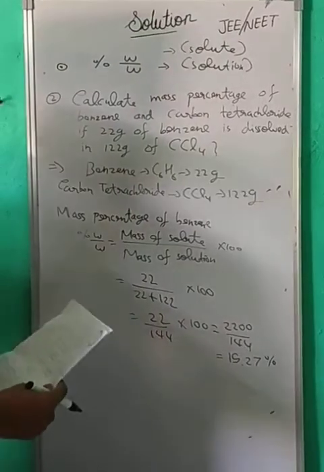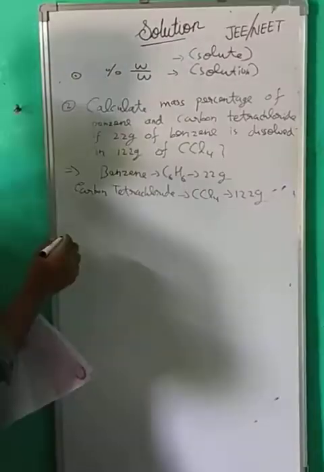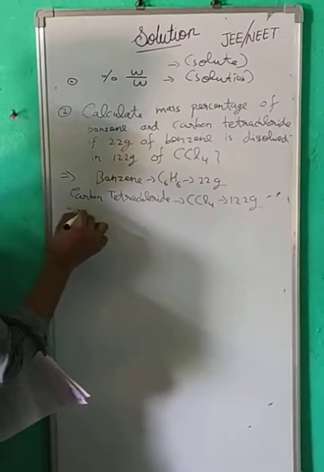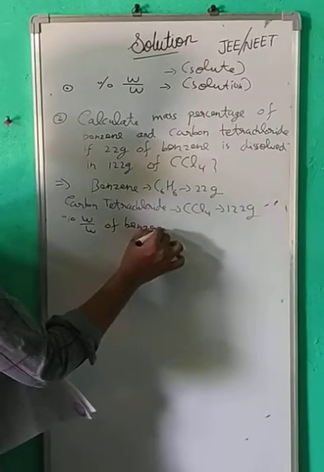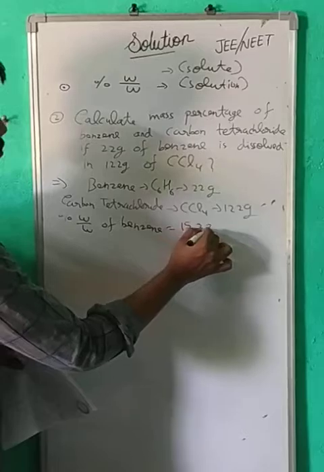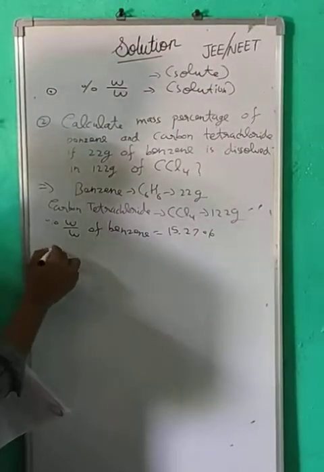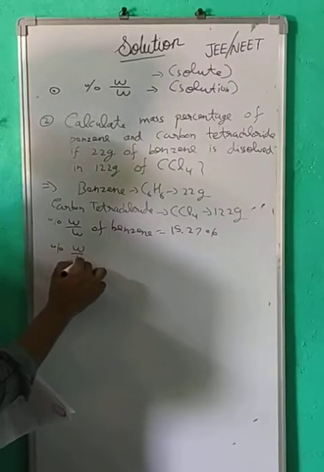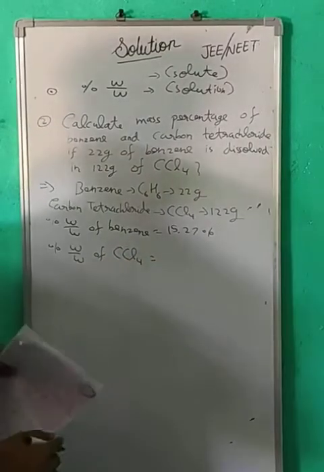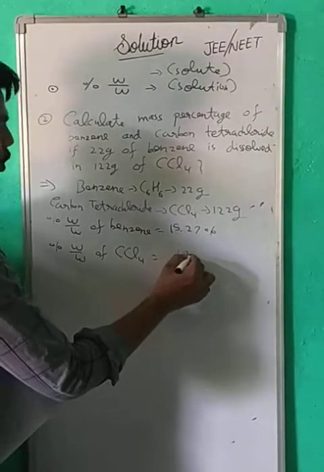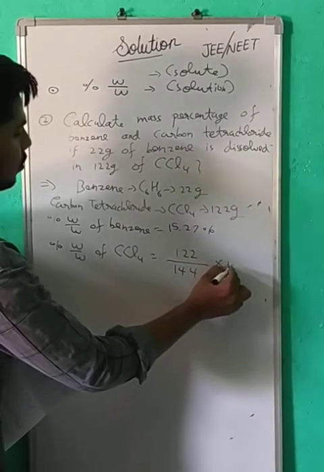Again we have to find the percentage for CCl4, carbon tetrachloride. So the percentage weight by weight of benzene we have just found, it is 15.27%. Let us now find it for CCl4. So percentage weight by weight of carbon tetrachloride is equal to, what is the mass of CCl4 over here? 122 gram upon total 144 into 100.